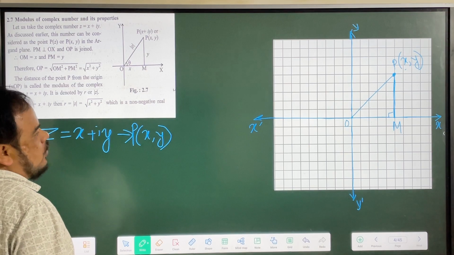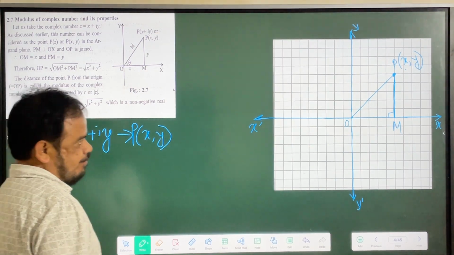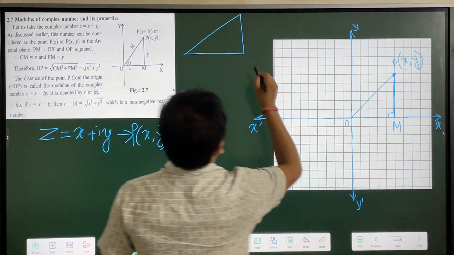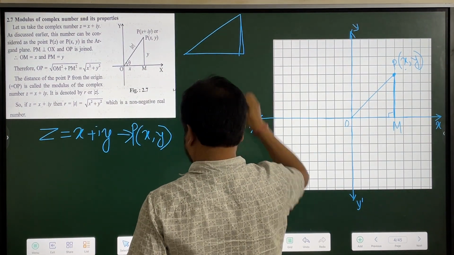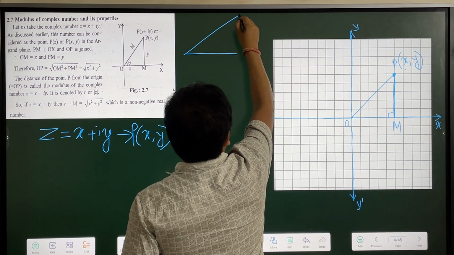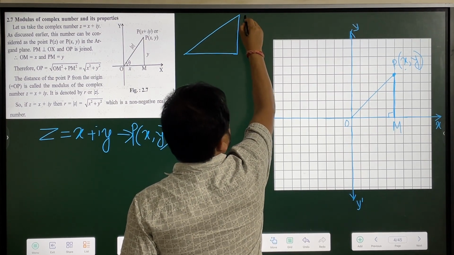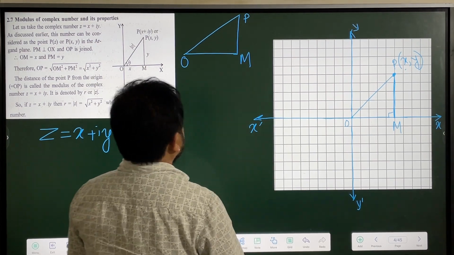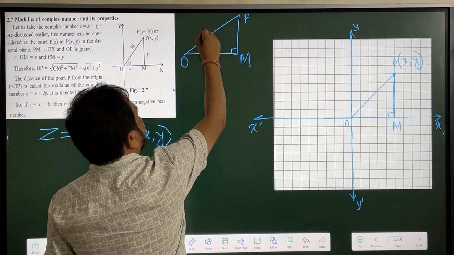Now we have to find OP. Since this is a right angle triangle, OP is the hypotenuse.